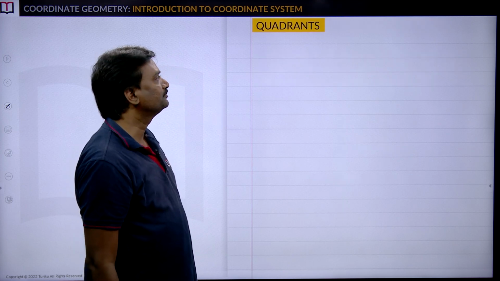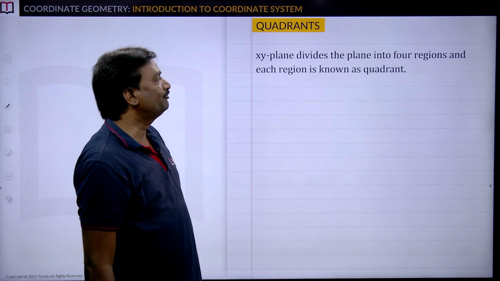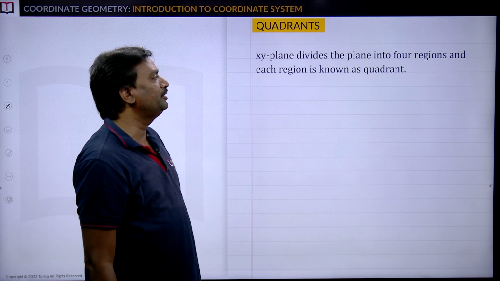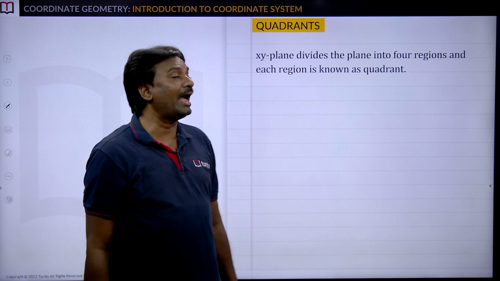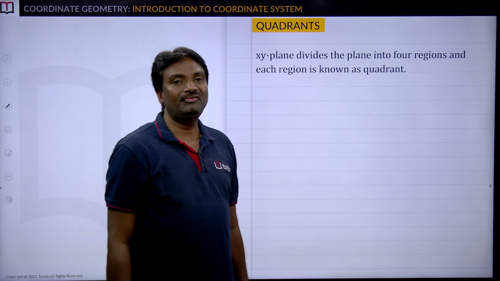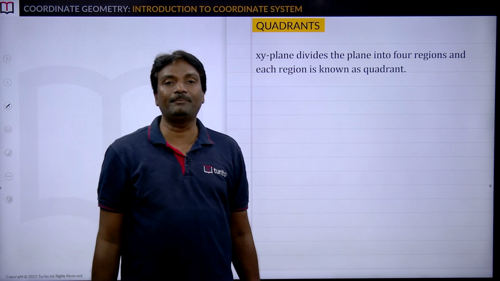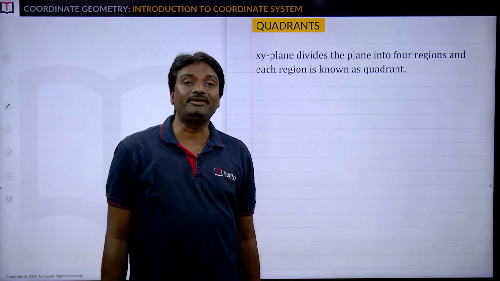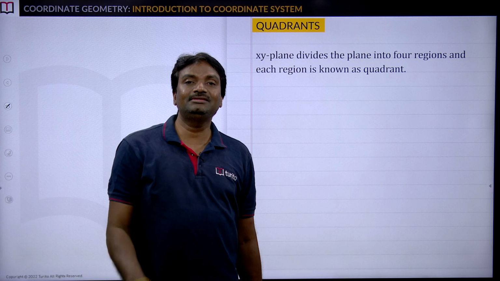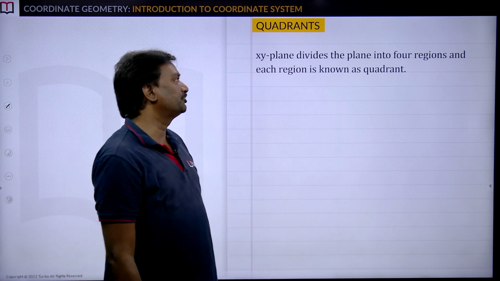Next, quadrants. This is a very important concept. The xy plane divides the plane into 4 regions and each region is known as a quadrant. If you take two perpendicular lines, the x-axis and y-axis, on the paper or on the plane, then that is a coordinate plane, where the x-axis and y-axis divide the plane into 4 parts.